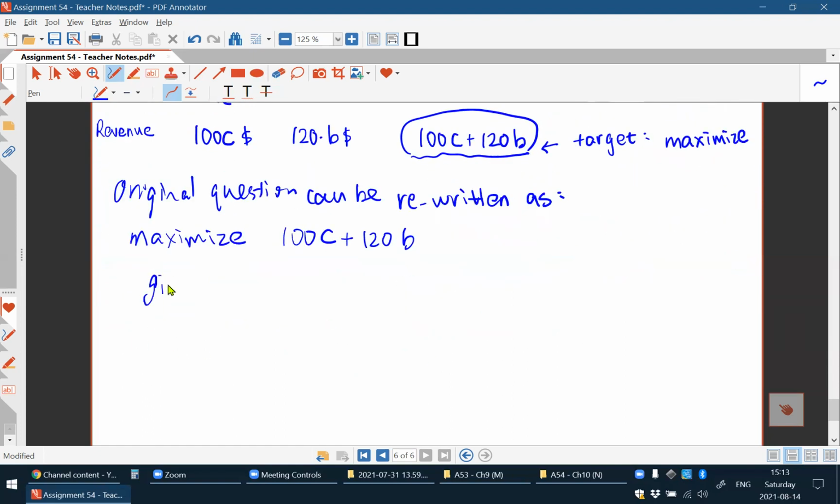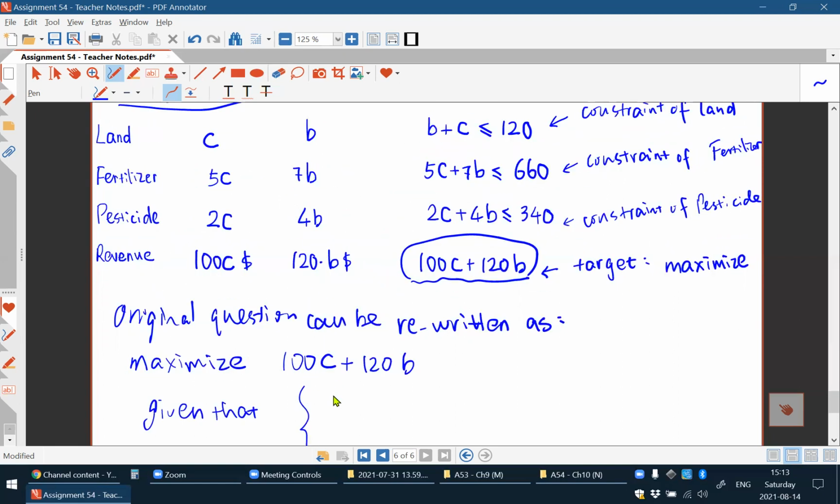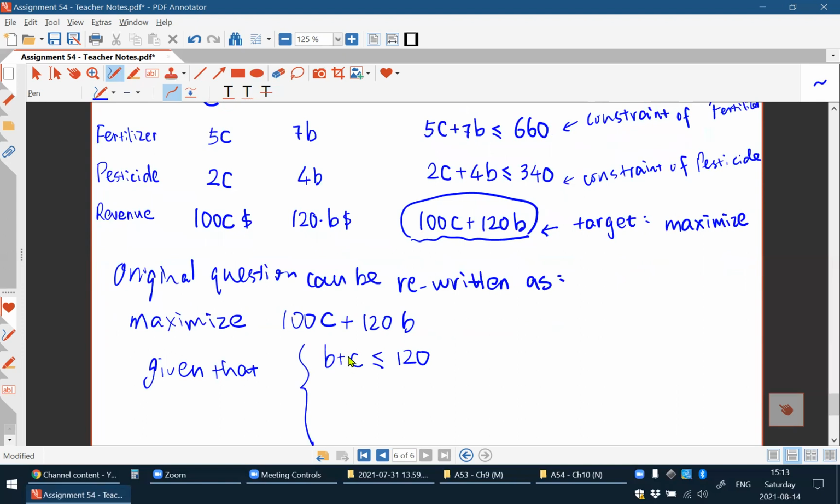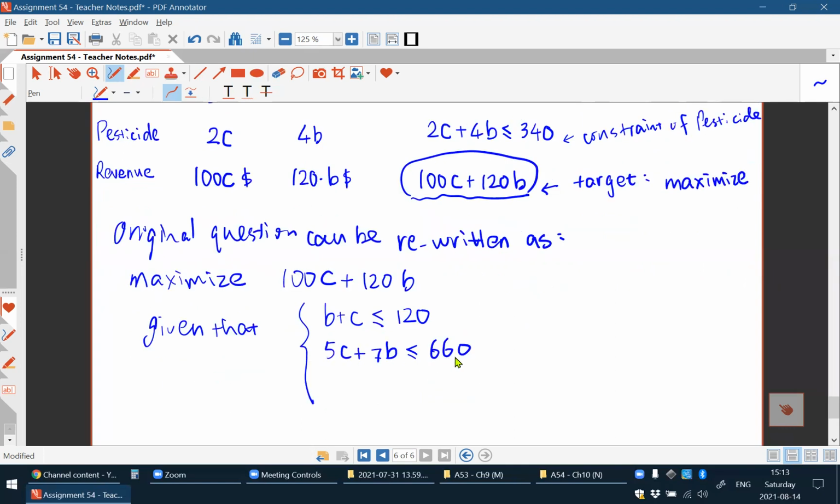Given that, first of all, B plus C must be smaller than or equal to 120. Second, 5C plus 7B must be smaller than or equal to 660, right? Third, 2C plus 4B must be smaller than or equal to 340, right?